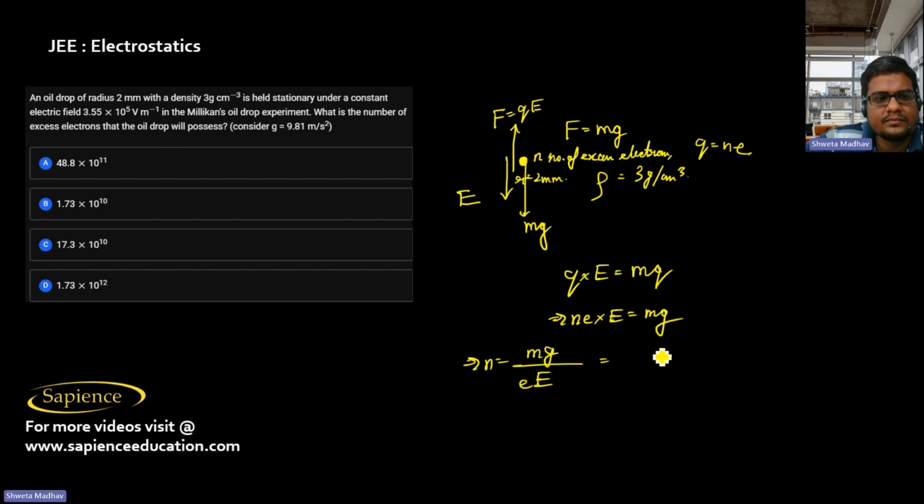So mg, the mass of the oil drop, mass will be equal to density into volume, which is 4 by 3 pi r cube.